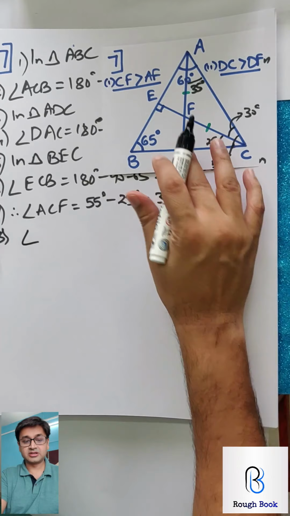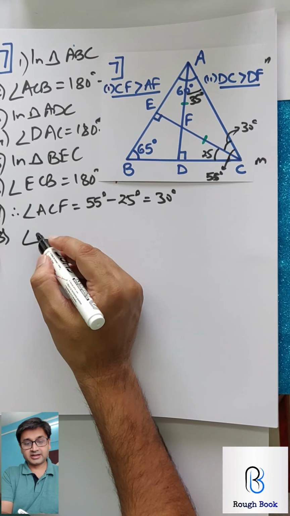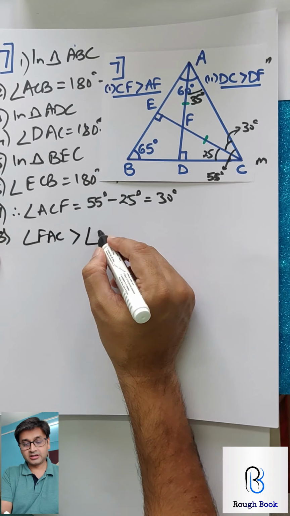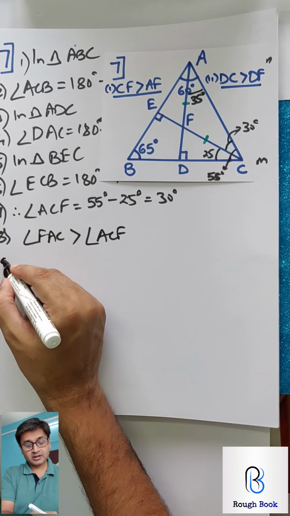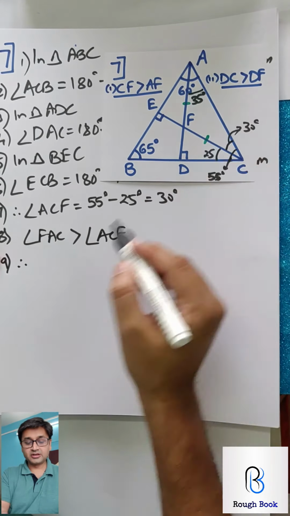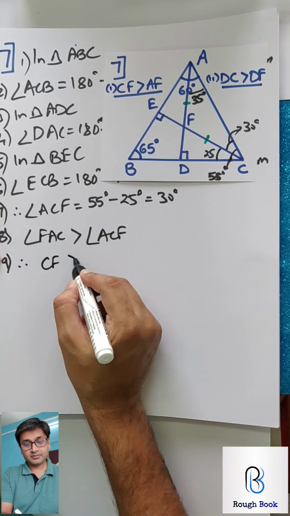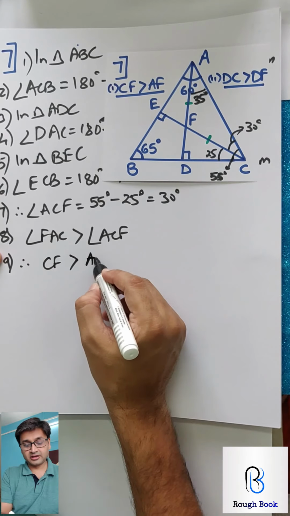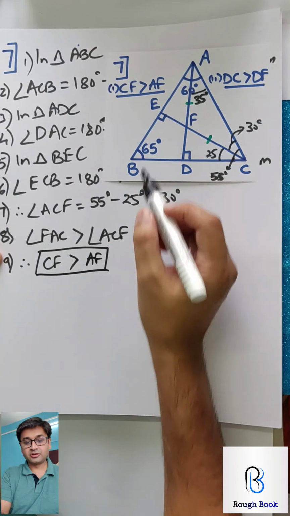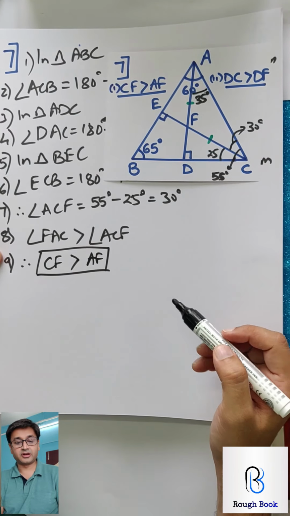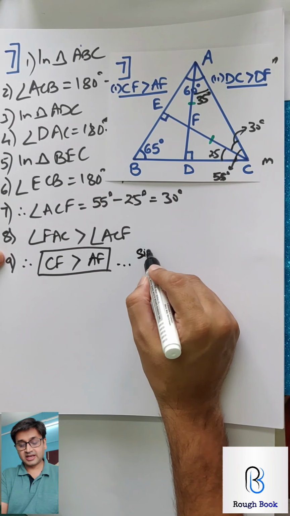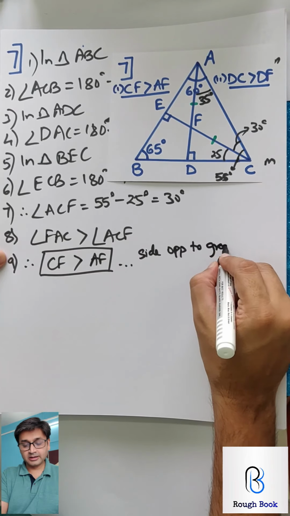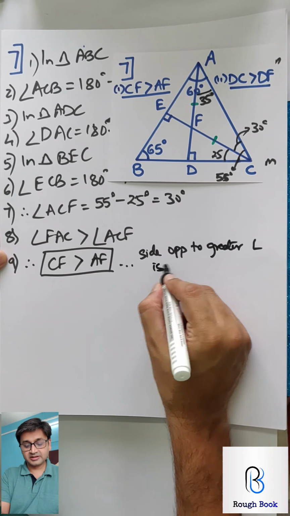So I will say first, this angle is bigger, that is FAC greater than ACF, and therefore FAC opposite is CF greater than AF, because this is opposite AF. So we reached the first part that we wanted, CF greater than AF. Reason: side opposite to greater angle is greater.